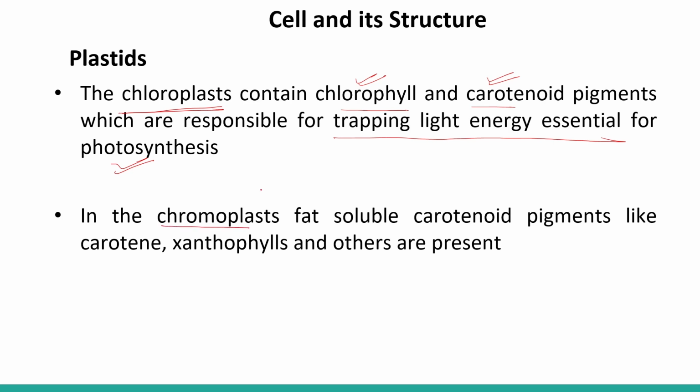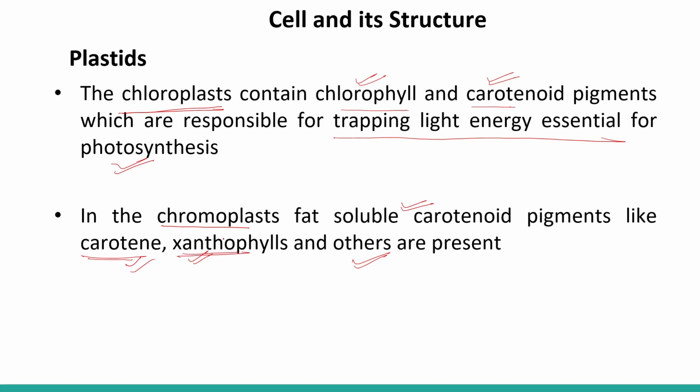Chromoplast. Now, they have fat soluble carotenoid pigments, like carotene, xanthophyll, and some other pigments are also present. But basically these two are the important ones in the case of chromoplast, that is carotene and xanthophyll.